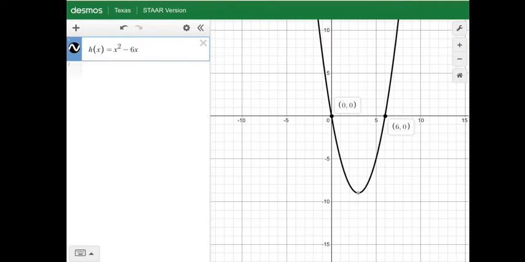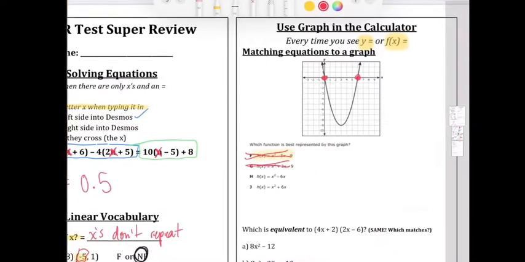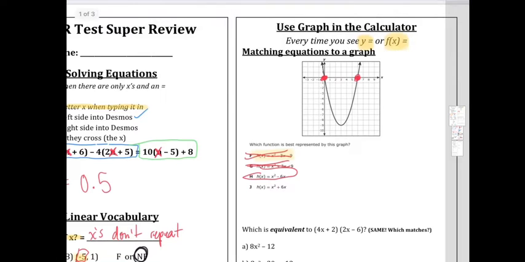Does this one touch at (0, 0)? Yep. Does it touch at (6, 0)? Yep. So this one matches (0, 0) and (6, 0). So the correct answer is H. So if you ever see y equals or f of x equals or h of x equals in a graph, you just type it into Desmos and you carefully look to see which one matches.